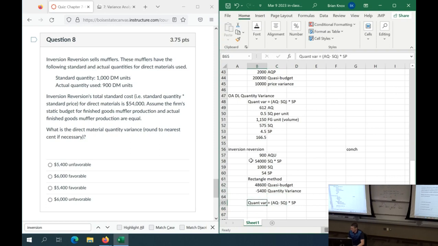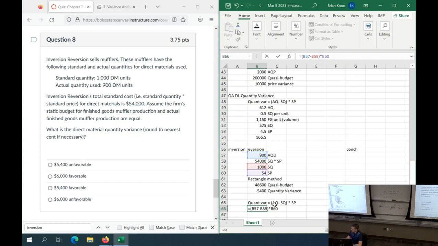Or we could do the algebra method and take this equation right here and say, all right, the quantity variance is going to be actual quantity used minus standard quantity times standard price.